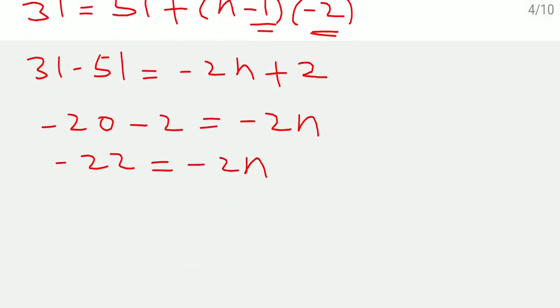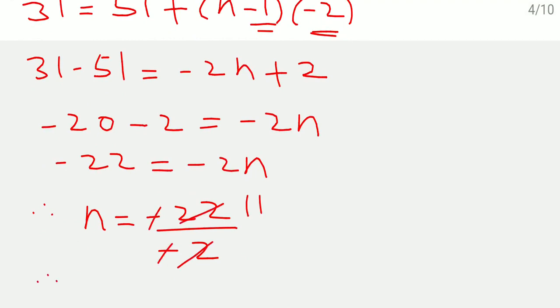Now from both the sides, the negative sign you can cancel, or you can write n equals minus 22 by minus 2, which comes as 11. Correct? So therefore n equals 11, the meaning is what? In 11 days. That means he needs 11 days of practice to achieve his goal.